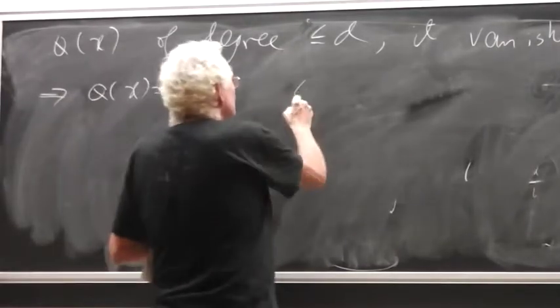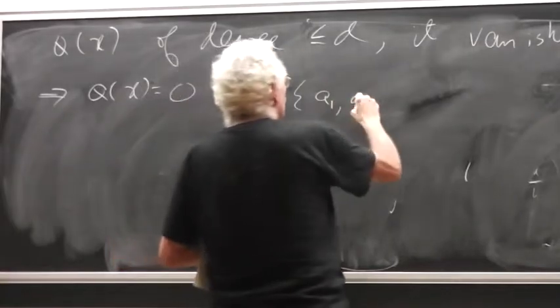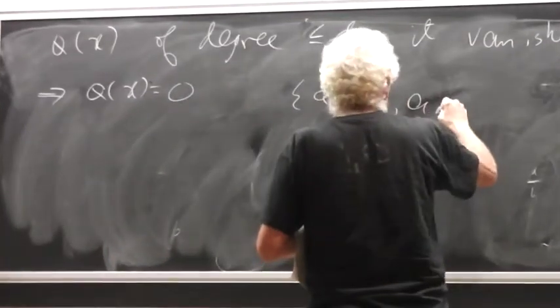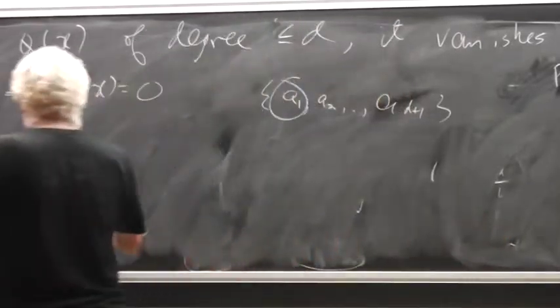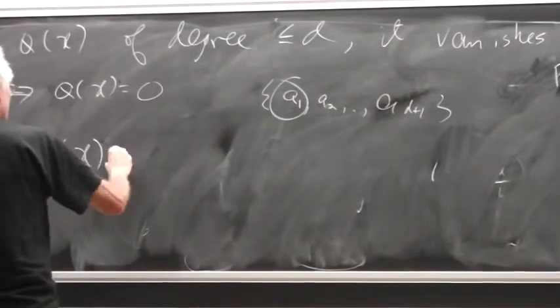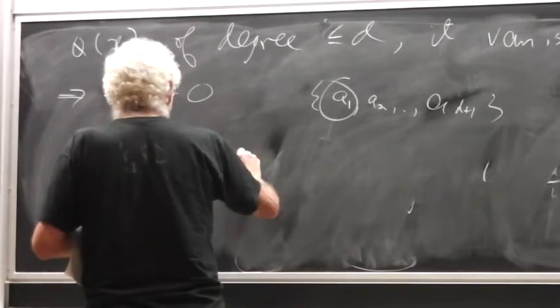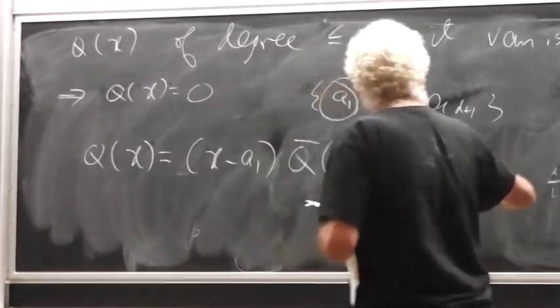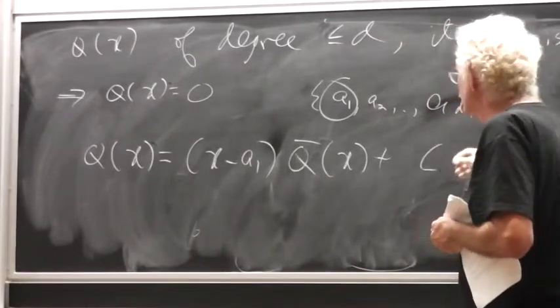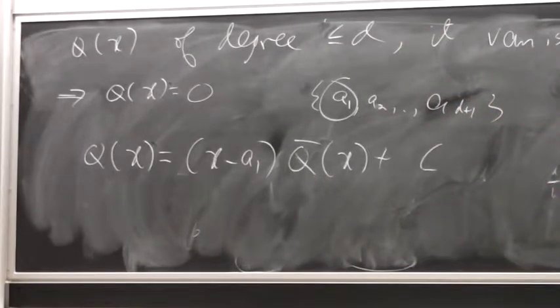For the sake of completeness, let me prove it. Suppose it vanishes at a1, a2, ..., a_{d+1}. By the Euclidean algorithm, you write q of x as (x minus a1) times q bar of x plus a polynomial of degree 0, which is a constant c.